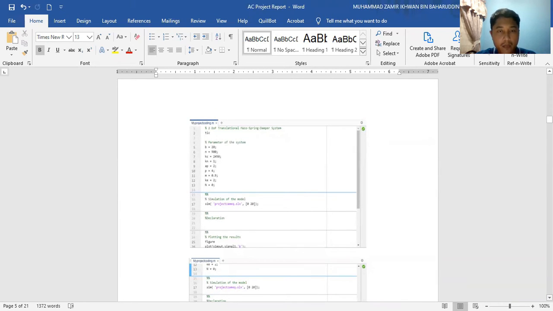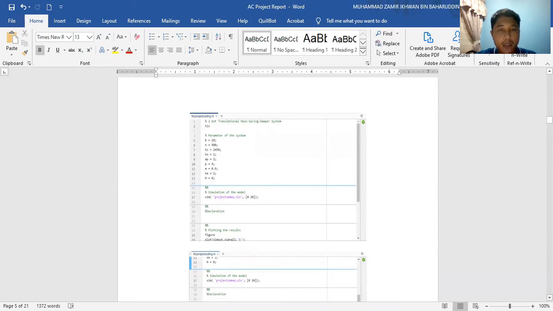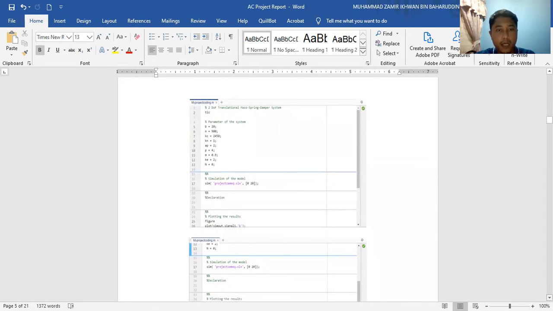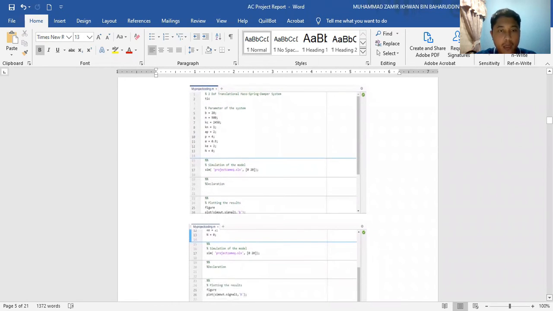The parameters for this system are B equals 20, N equals 900, KC equals 2450, KN equals 1, AP equals 2, P equals 4, M equals 0.9, KE equals 2, N equals 0.